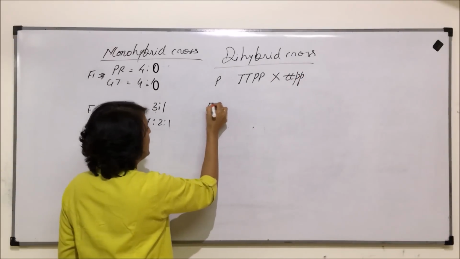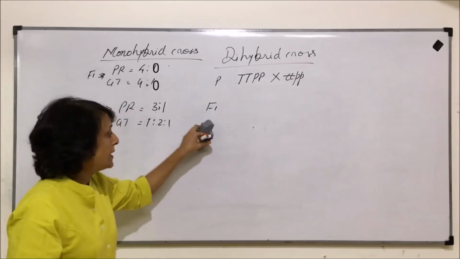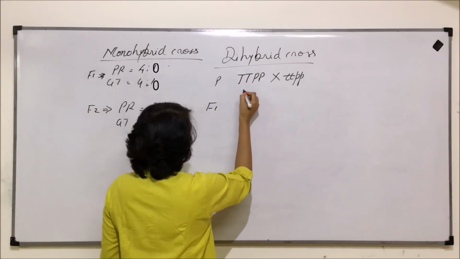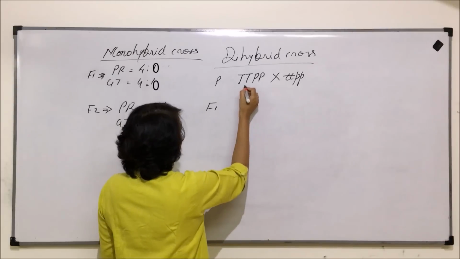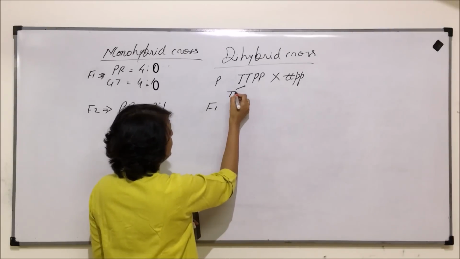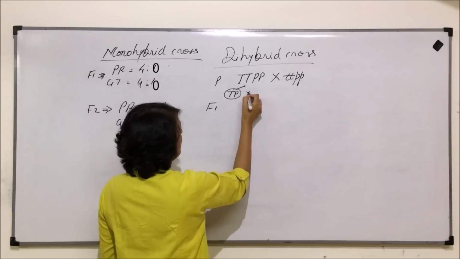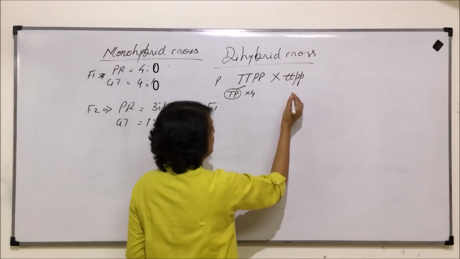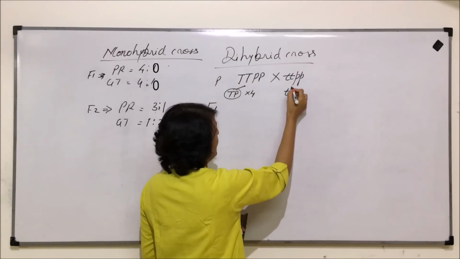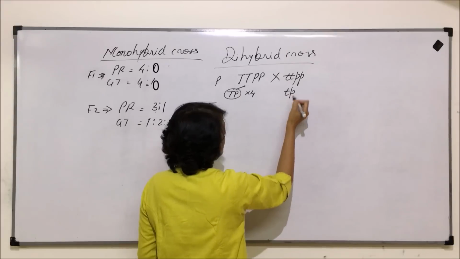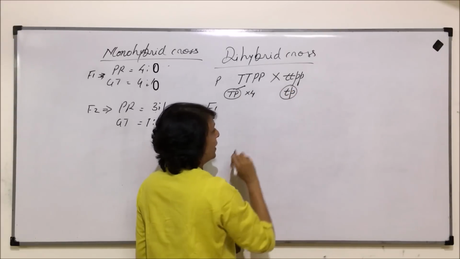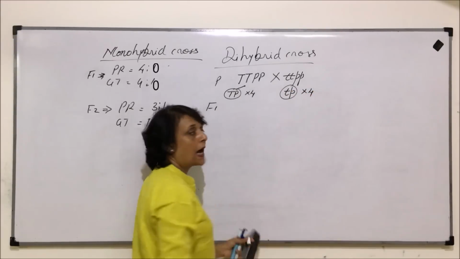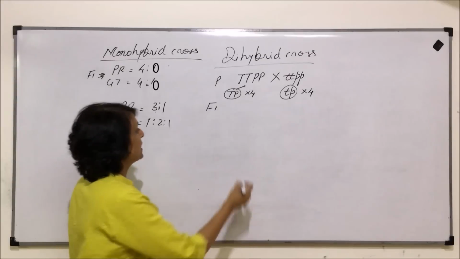In F1, let us see what type of offspring or ratio we get. The gametes produced by this plant will be with T and P, and all four gametes are going to be of the same type. Here also, with recessive alleles, short and white, all four are going to be of the same type.